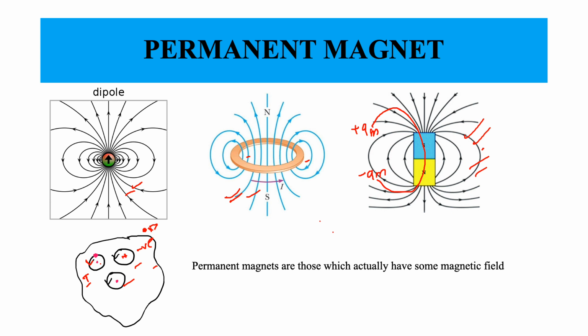Permanent magnets have some magnetic field, and the reason is simple: they have these tiny current loops which are all aligned with each other.